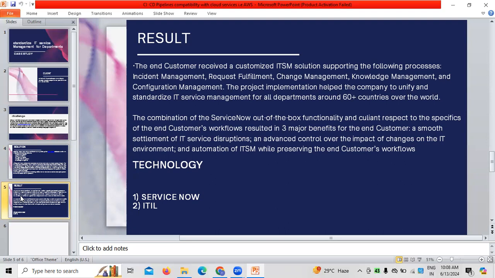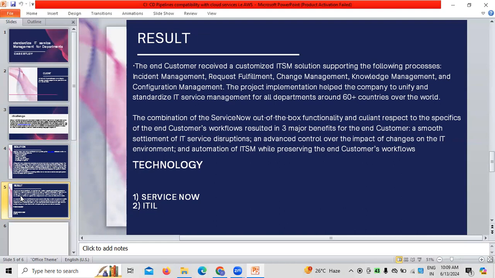By combining ServiceNow, an out-of-the-box functionality which specifies end customer workflows, it results in three major benefits for the end customer: smooth settlement of IT service disruptions, better handling of the impact of changes in the IT environment, and automation of ITSM while managing the customer workflows. These are the end results from which the customer will benefit, because benefit to the customer is the ultimate motto behind this.